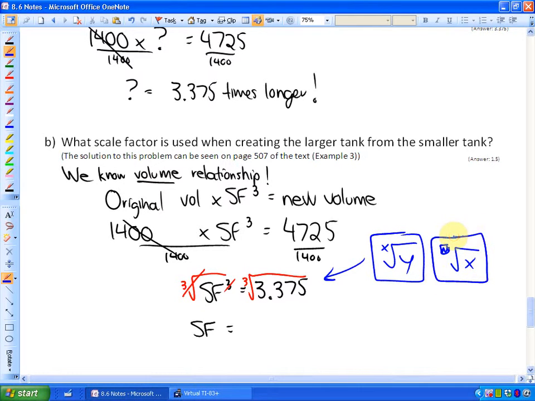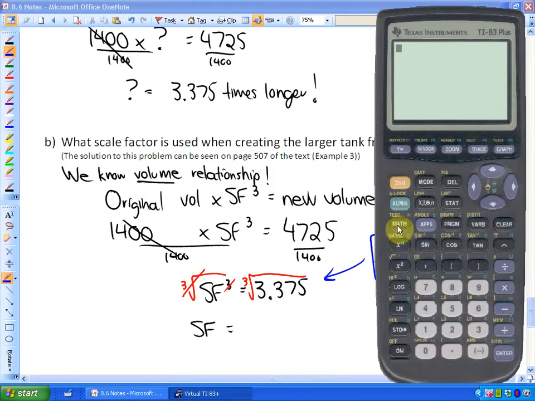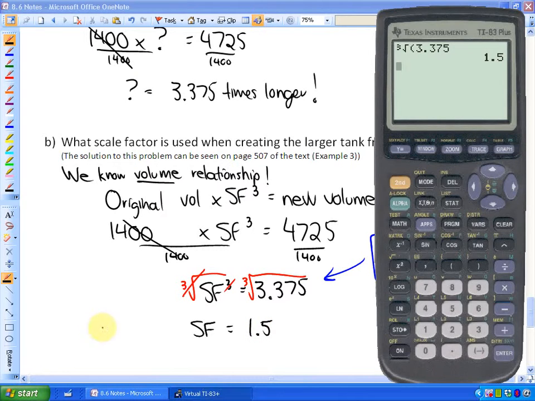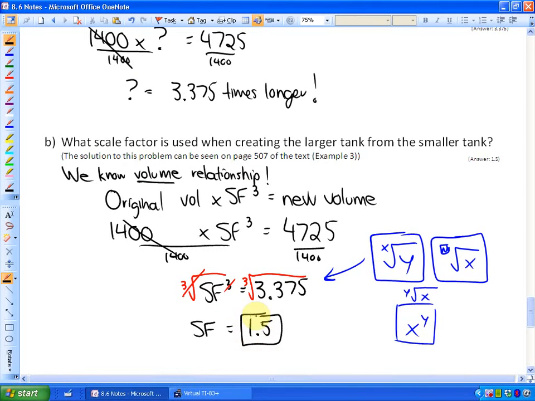Or it might be above a button, you might have this is your x to the y button, and above it you have y cubed x, but there's lots of buttons. On my graphing calculator to take the cubed root, I actually have to go into my math function, but that's something to try out on your own calculator. So here's the cubed root of 3.375, and the scale factor is, as you can see on my calculator, 1.5, and that's the answer, the scale factor used to create the larger from the smaller.